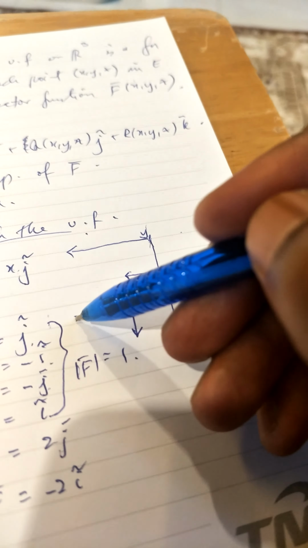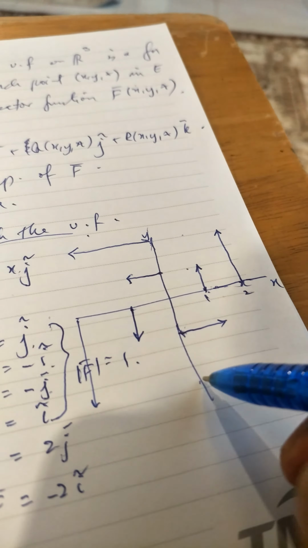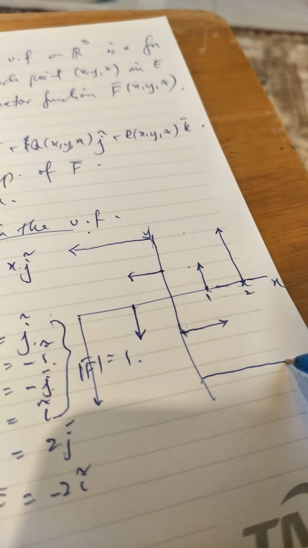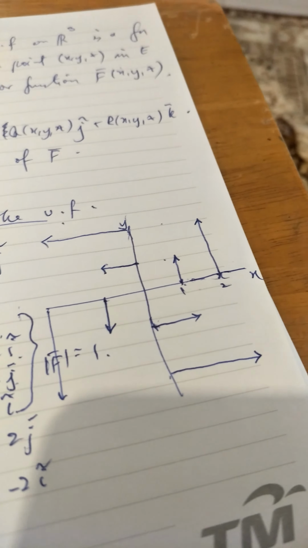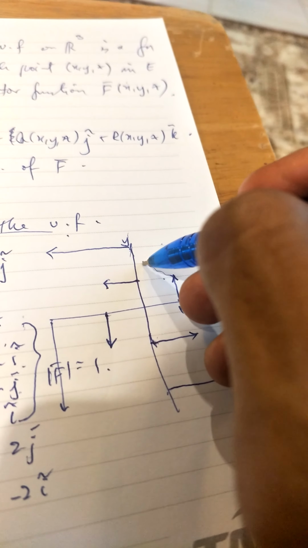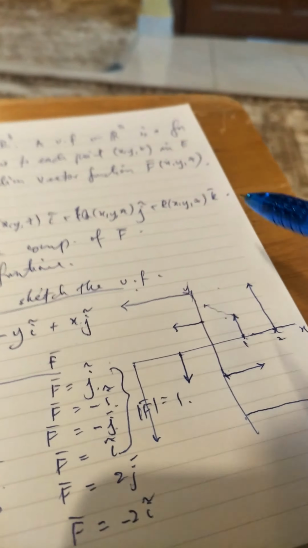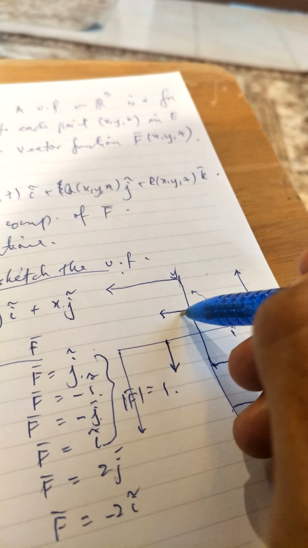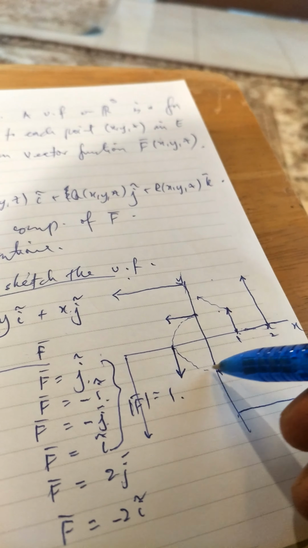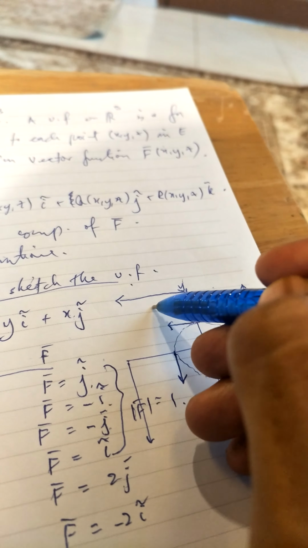If you choose a point farther out, it should be longer than that. If you choose more points, it goes like that. If you choose the point (1, 1), it will go like that. So what you can see here is that you can imagine this is a circle.